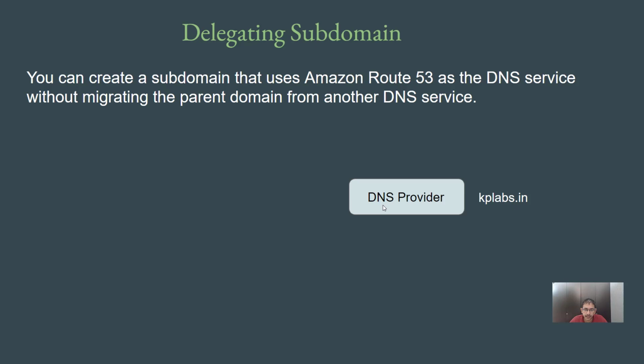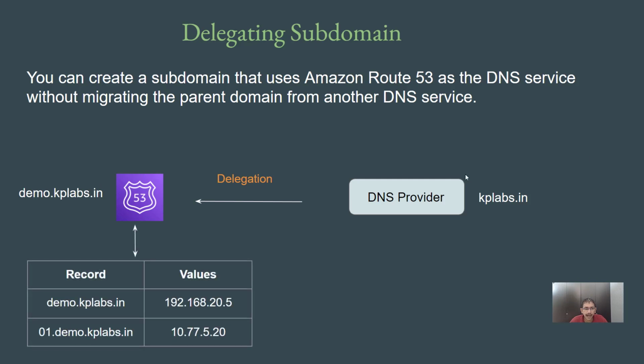Now you can perform a delegation to Route53 so that a specific subdomain is hosted at the Route53 level, so that all the record sets associated with the subdomain are managed at the Route53 level. So you have a record of demo.kplabs.in, you have a record of 01.demo.kplabs.in, and you have the appropriate values. So everything is managed at the Route53 level for this specific subdomain.